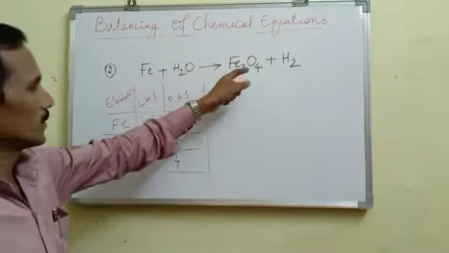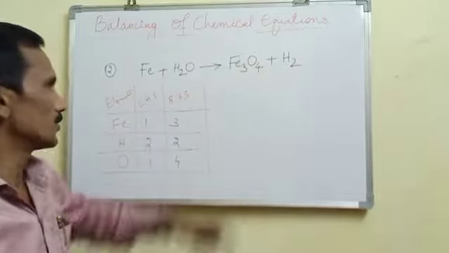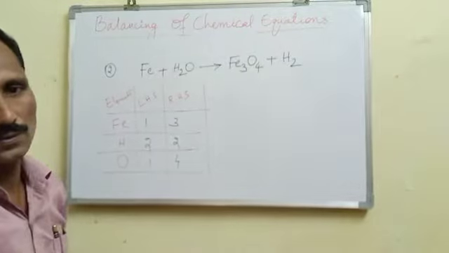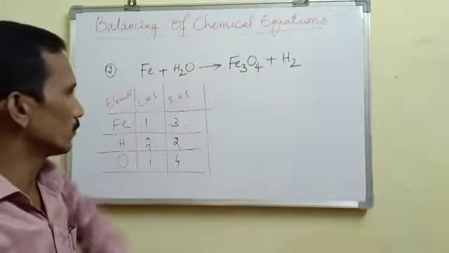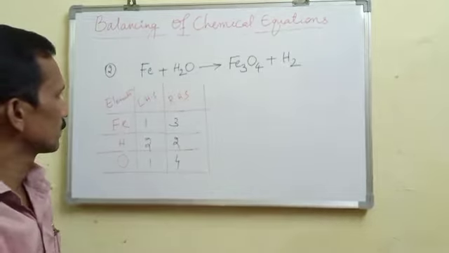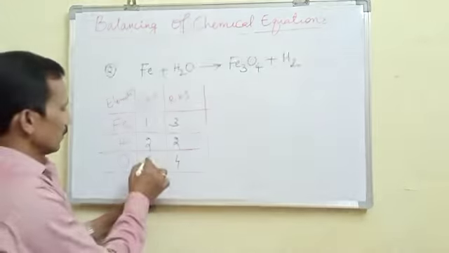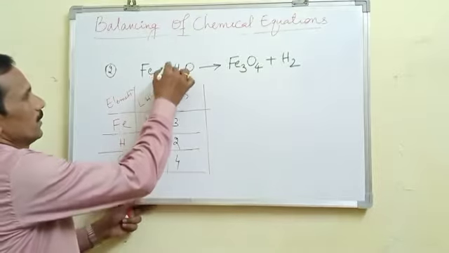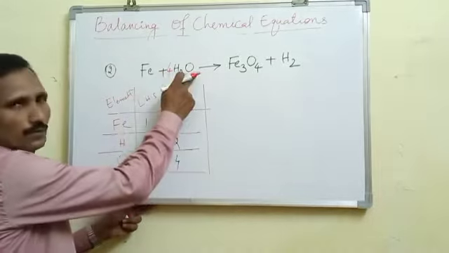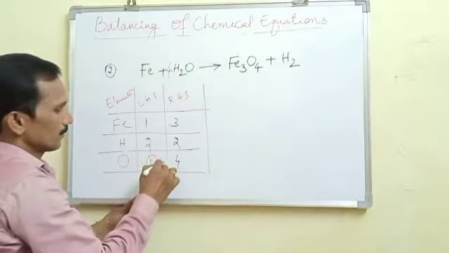Which element has more atoms here? Oxygen. So here oxygens are 4, and here only 1 oxygen. If you multiply with 4, 4 into 1, 4 oxygens, then it is balanced.